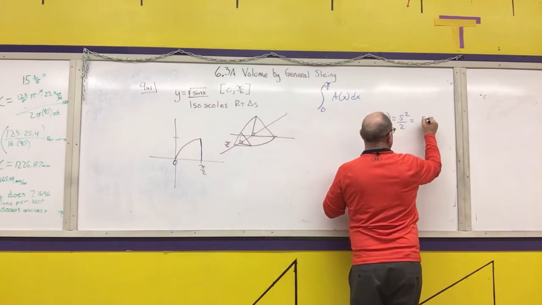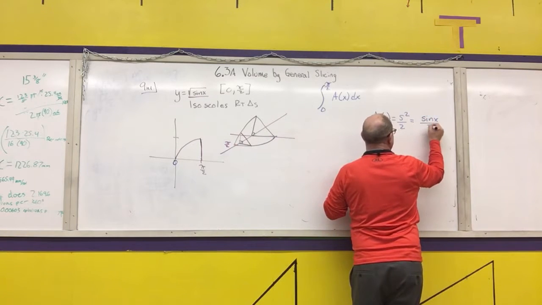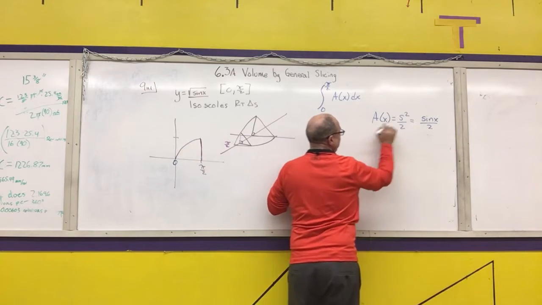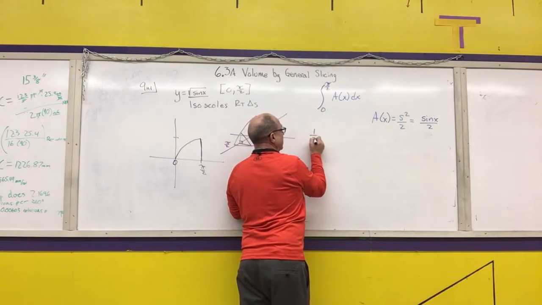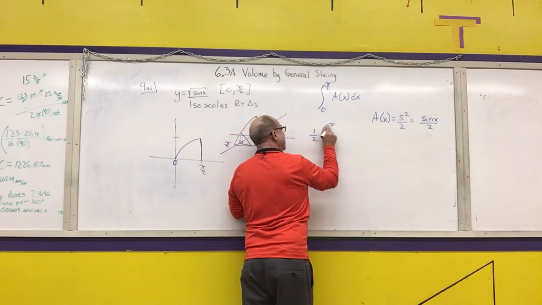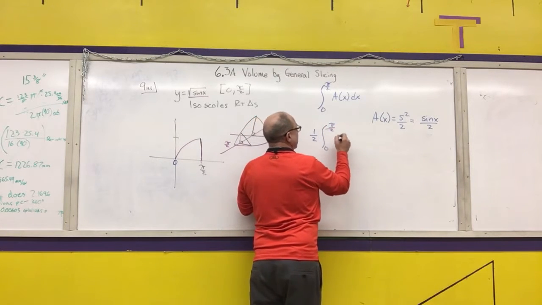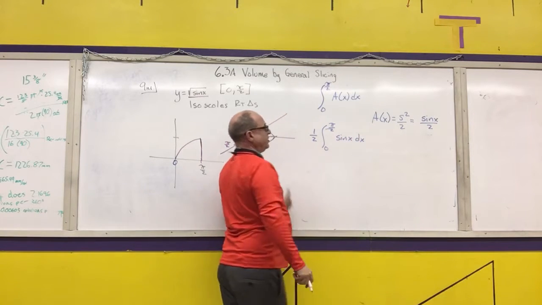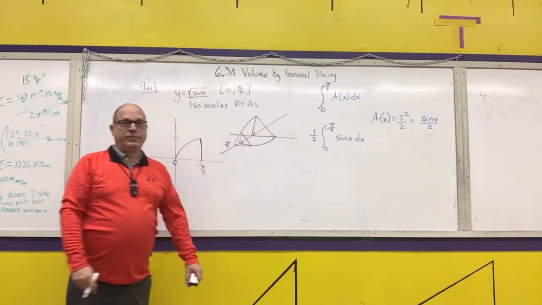So squaring that would give me the sine of x over 2. So that's my area function. I'm going to pull the 1/2 out in front. And that's what I want to find the integral of.